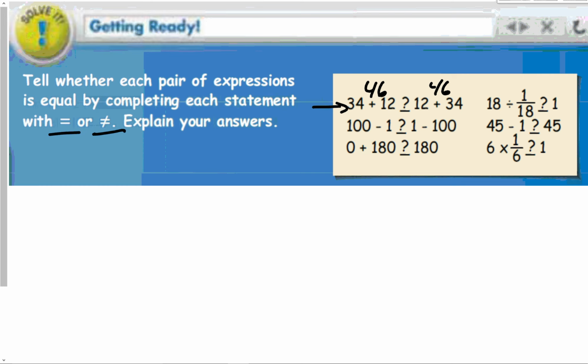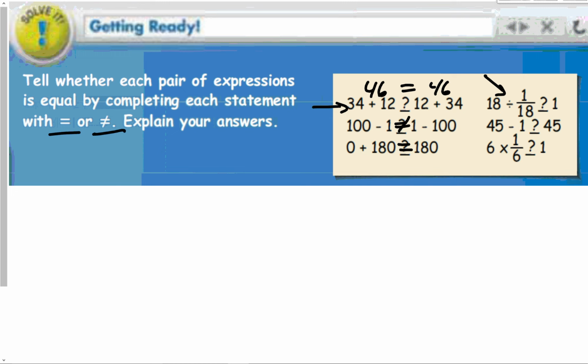If we look at the next one, 100 minus 1 is 99, but 1 minus 100 is negative 99. Well, so first of all, the first one's equal. This one is going to be not equal. 180 plus 0, or sorry, 0 plus 180 is still 180, so that's going to be equal. This first one at the top is tricky because that is not a multiplication sign, that is a division sign.